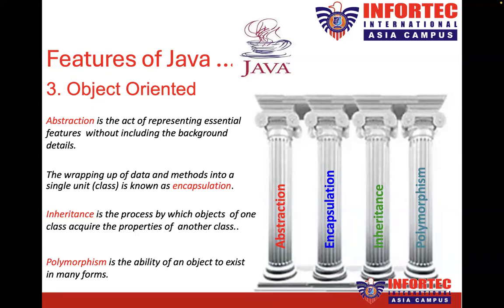Since Java is an object-oriented programming language, we practice these concepts in Java. So what are the four object-oriented concepts we have? We have abstraction, encapsulation, inheritance, and polymorphism.